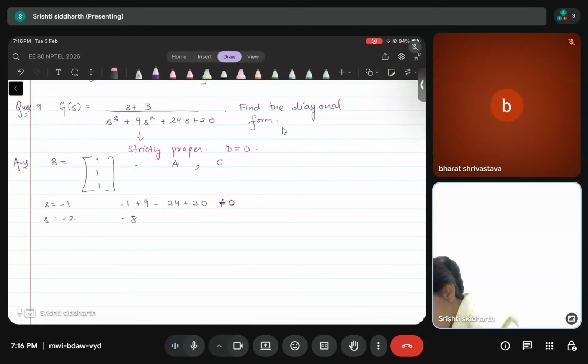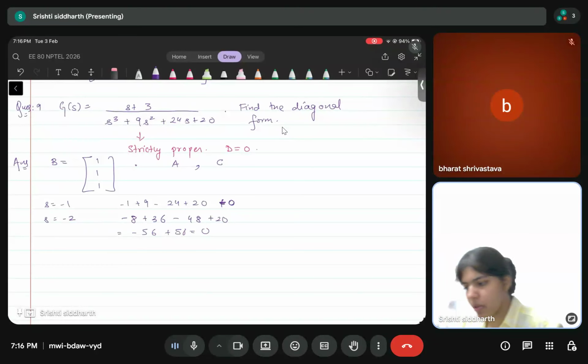This is minus 8 plus 36 minus 48 plus 20. This is 0, right? Yeah. So S plus 2 is a root.